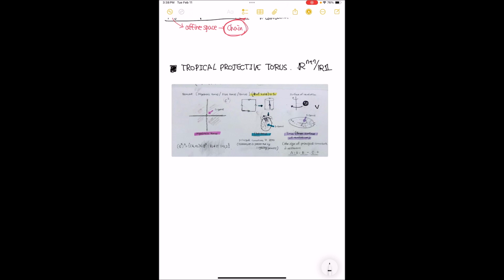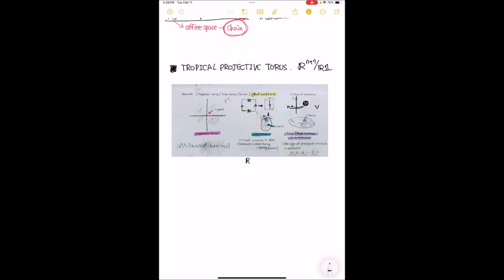That is, the circle S1 is rotated around an axis, and we can obtain a torus. Or, in the algebraic topological sense, we can identify its edges and we can obtain a torus.